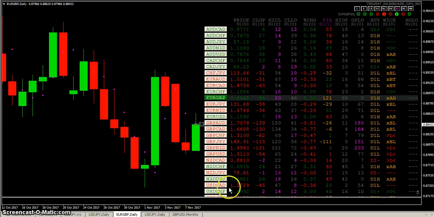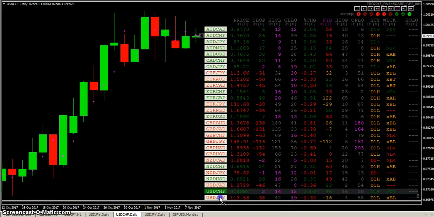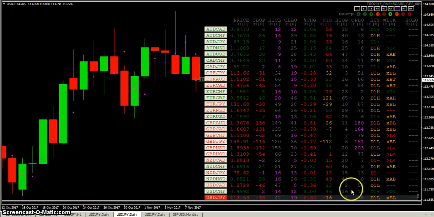So we've got, let's see, dollar franc, D1 plus. So you can see right here, the open was 990, 992, so it's going into the D1 buy zone right here. And if we switch over to the yen, you can see it's below.